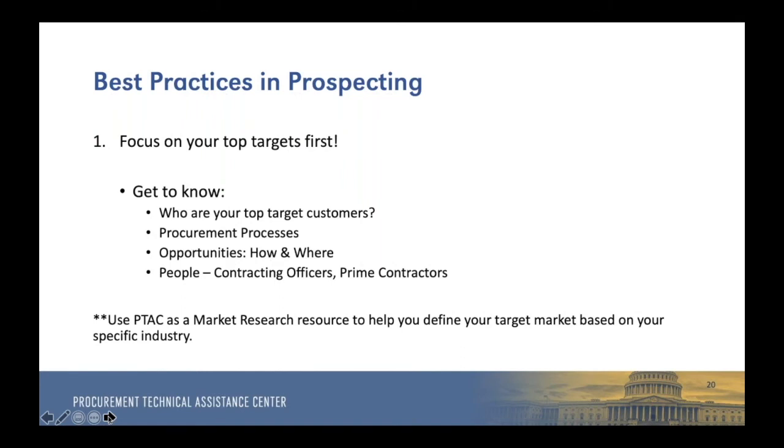Are they using GSA schedule, or are they not? Are they using set-asides, or do they usually post under open solicitations or open market, so everybody can bid? You just have to look at the historical data and find these answers. Where do they like to post? Where are the most opportunities? Are they in Nebraska? Are they in another state? Can I bid there?